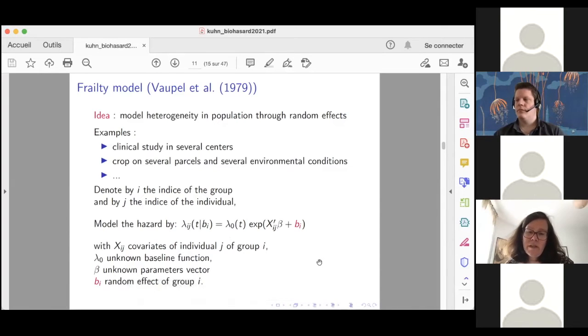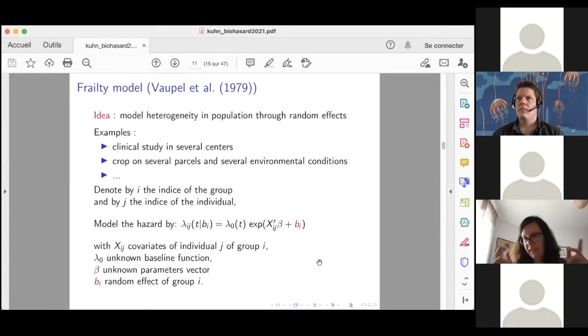And so this random effect represents the heterogeneity between the groups. Usually, these random effects are supposed to be identically distributed and independent between the groups. And so, for example, the malaria dataset has been analyzed with a random effect at the village level.